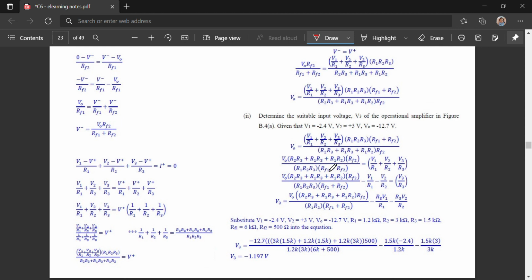You can check and let me know. For question number 1, you just need to derive the equation. For the second question, you need to determine the V3 value with the given voltage values. So you just replace all of the voltage and resistor values into the equation and find the V3 value.